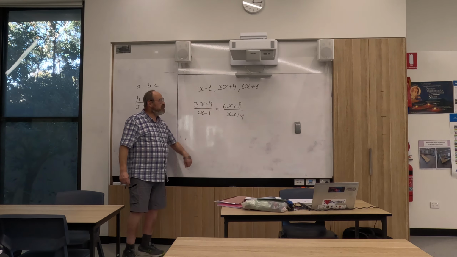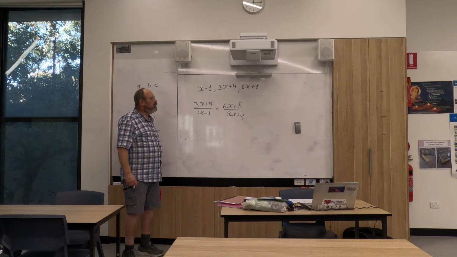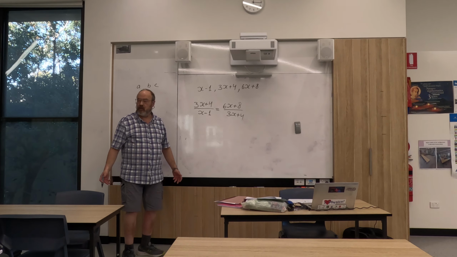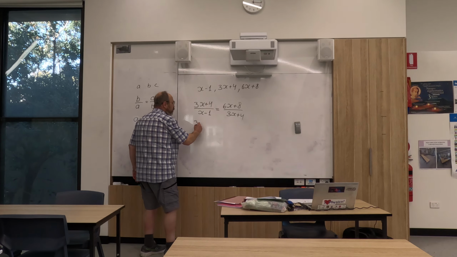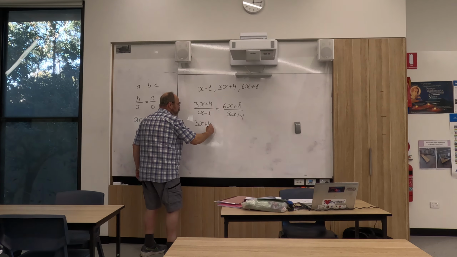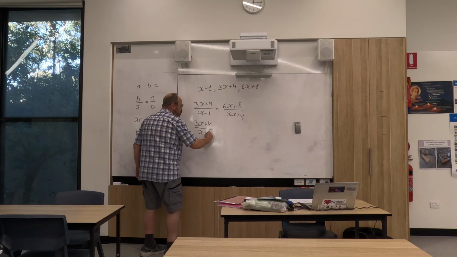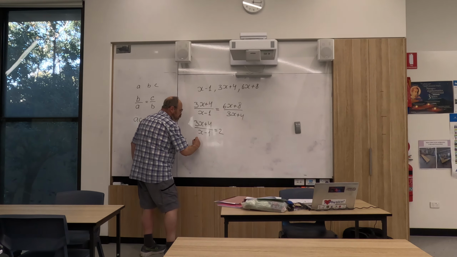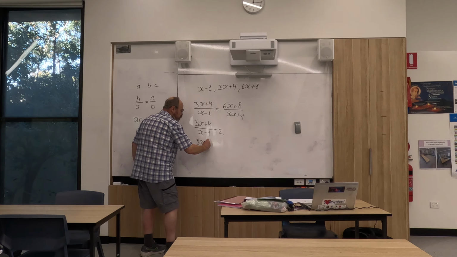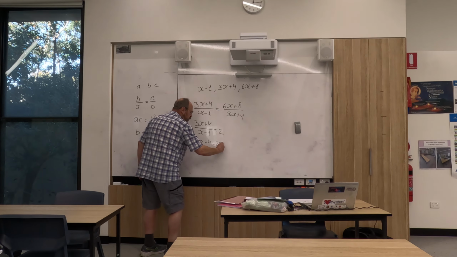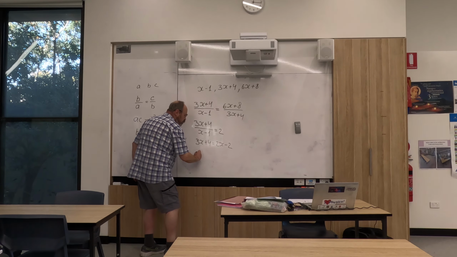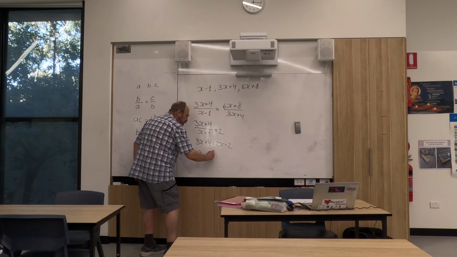Now, what is 6x plus 8 divided by 3x plus 4? It's obviously 2. So we have 3x plus 4 over x minus 1 equals 2, and then you just solve it for x. 3x plus 4 equals 2x minus 2. So you get x equals negative 6.